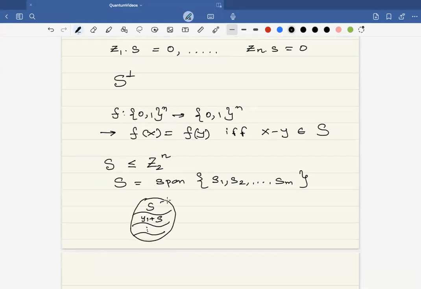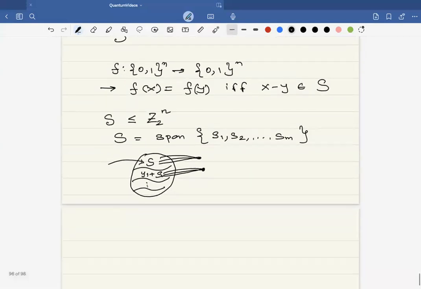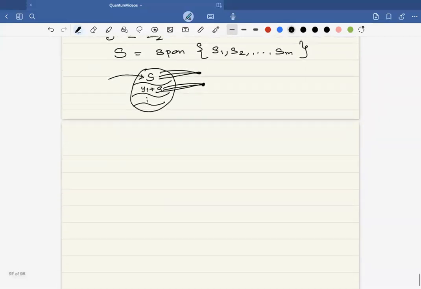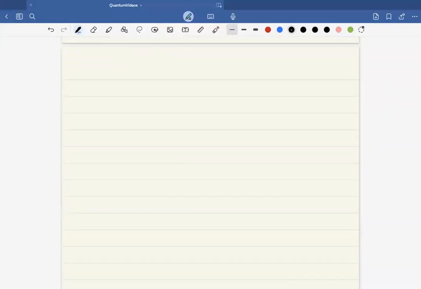So you have cosets, and the function is constant on the cosets. And so the goal is to find this subspace or subgroup of Z2^n. So given a function which is constant on the cosets, we have to find the unknown subgroup S.